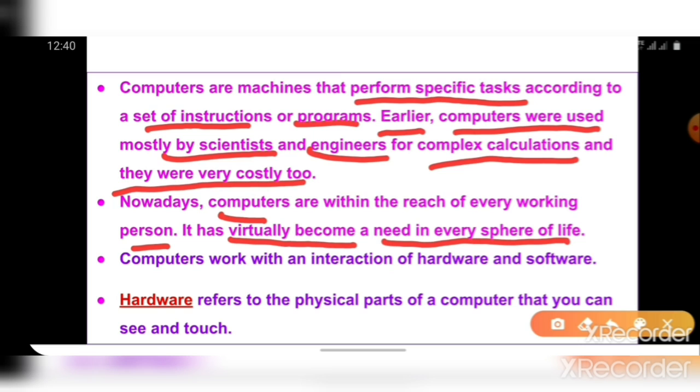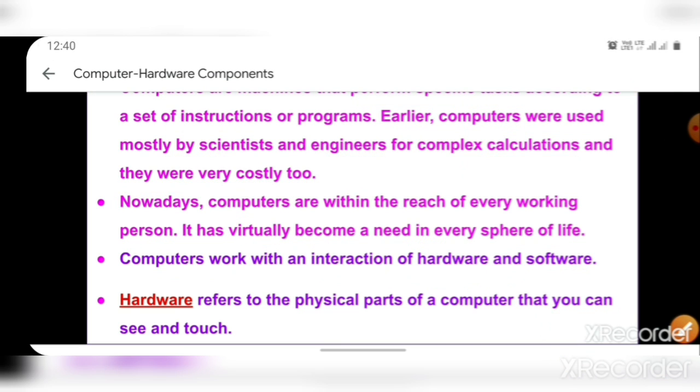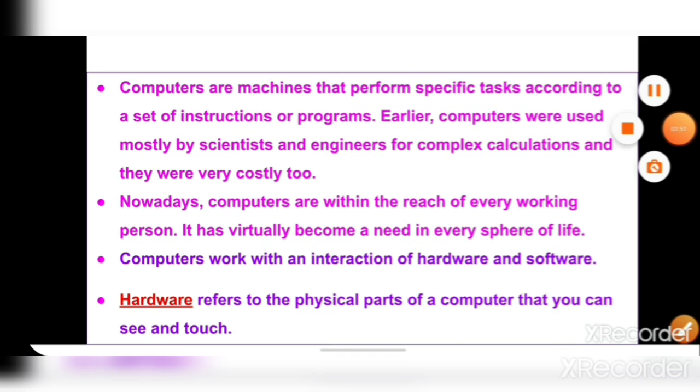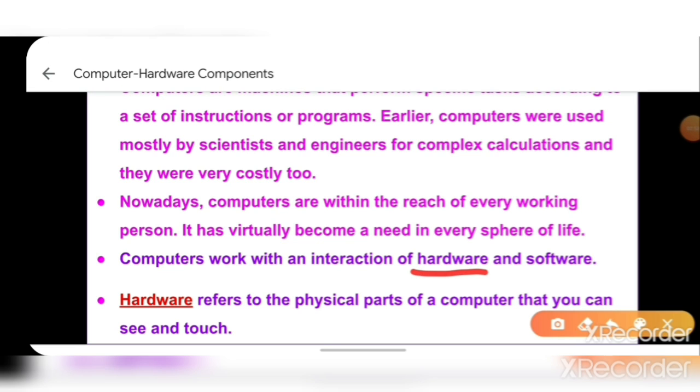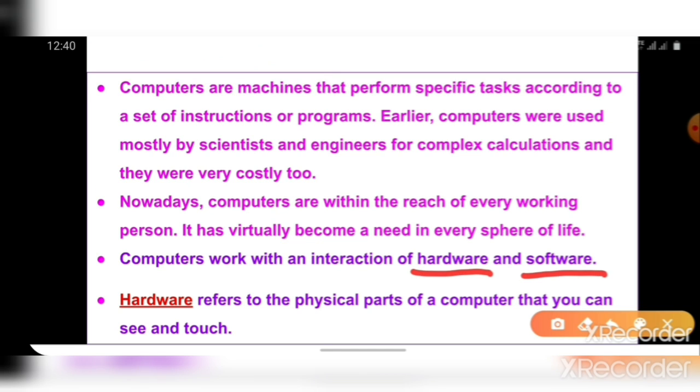Now our computers work with an interaction of hardware and software. These are the two major components of a computer: hardware and software.